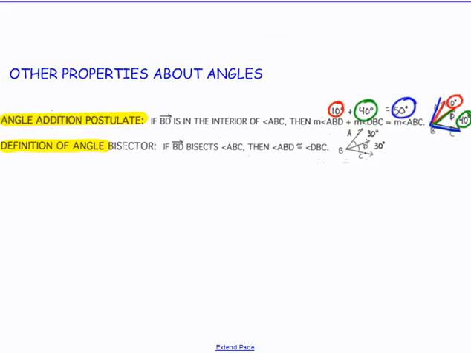The definition of an angle bisector, just like the segment bisector, this particular ray right here cuts this angle into two congruent parts. This is 30 and this is 30.